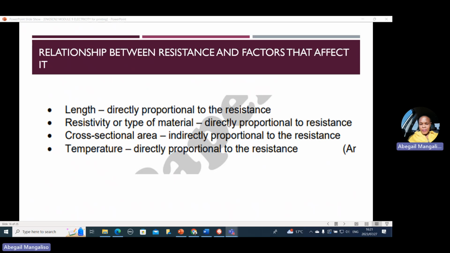Each and every material has its own resistance. The good conductors of electricity have less resistance, and the materials that do not allow electricity to flow easily through them have high resistance.